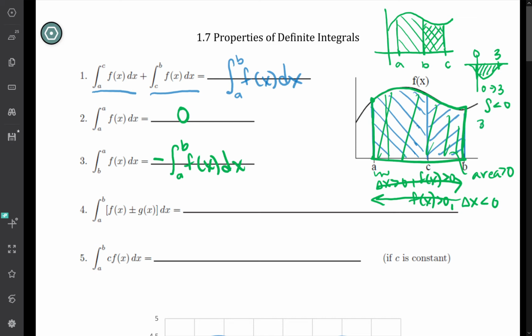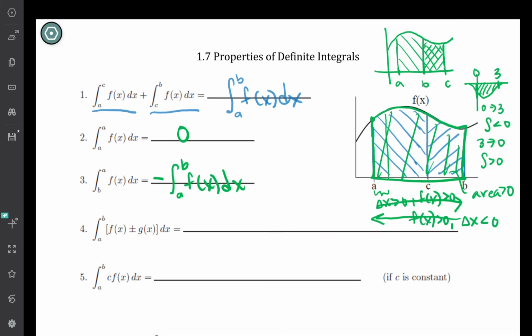If we go from 3 back to 0, now we have negative widths and negative height, so it'll actually make the integral positive. So again, the way I would say number 3 to myself is if you switch directions of integration, it changes the sign associated with the area. So it doesn't guarantee it's positive or negative, it just guarantees the opposite of what it would be if you went the right direction.